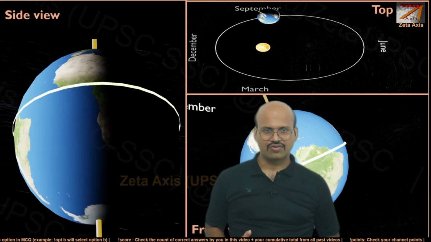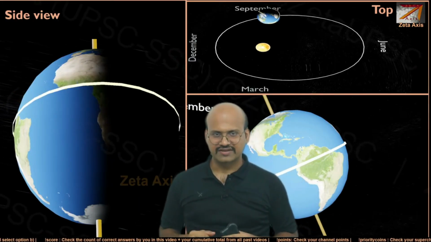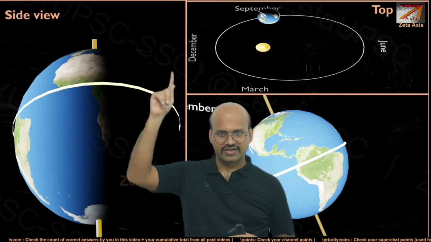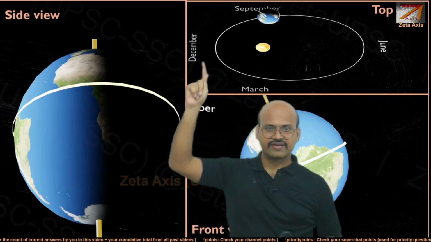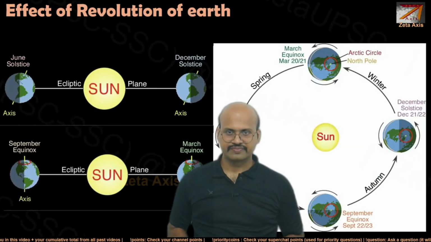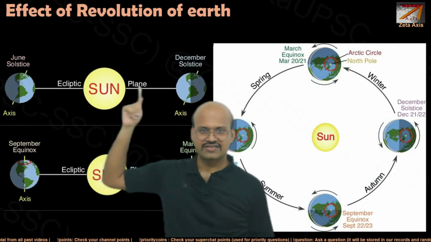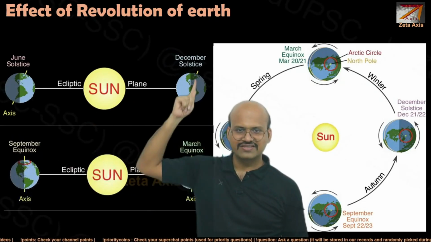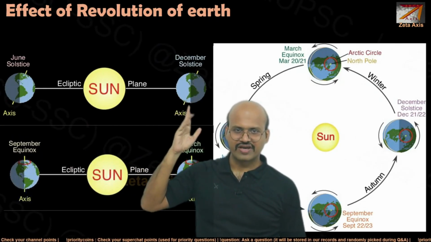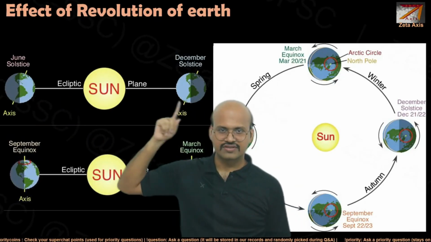So this is how the tilted axis of our Earth's rotation as well as our revolution around the sun changes the length of day. Here we can see this is June solstice, this is December solstice, and during this time we have equal days and equal nights on both of these.